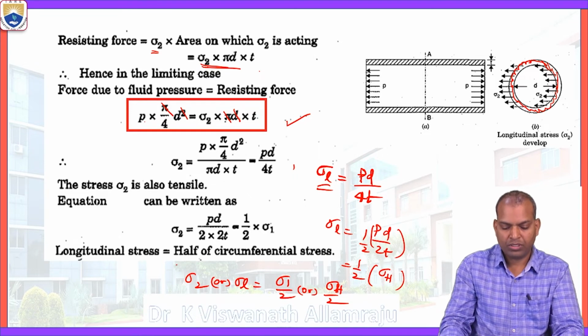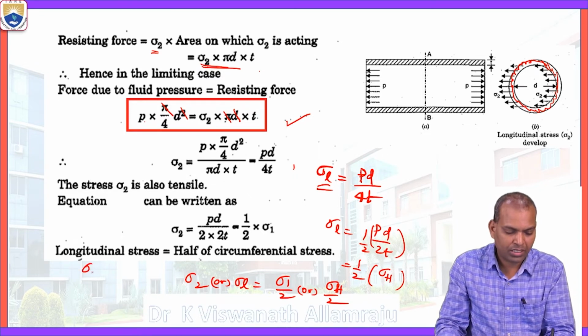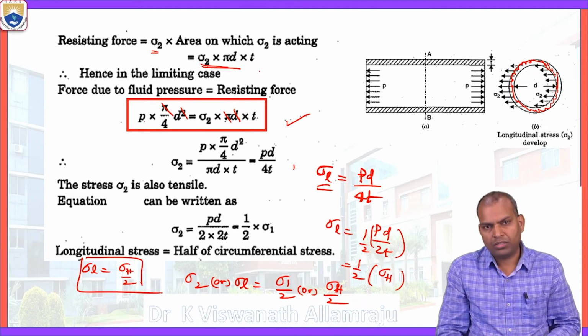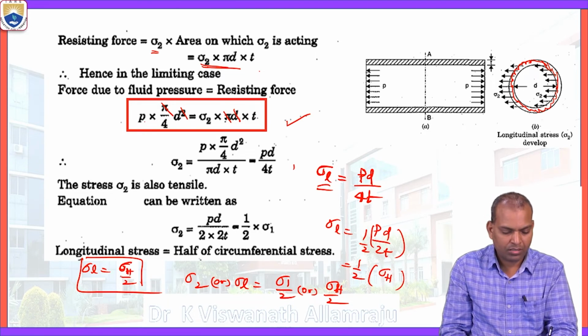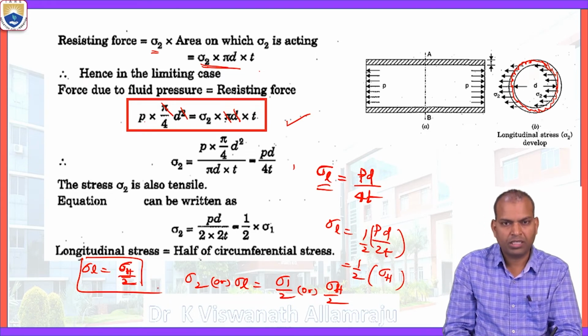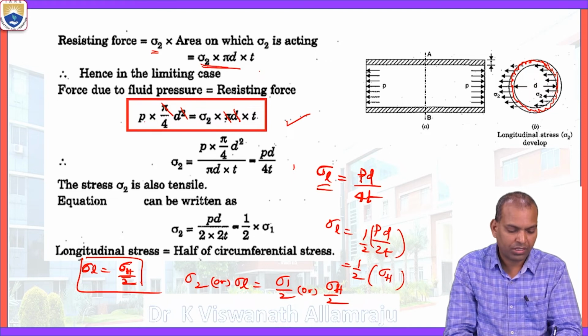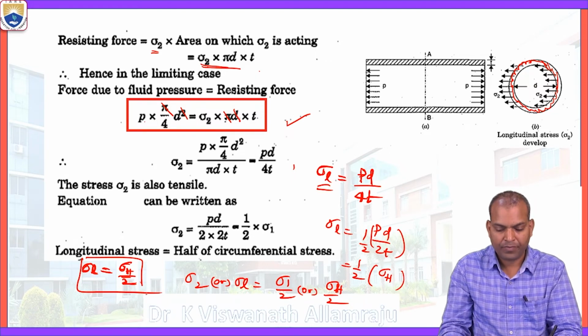So sigma L equals sigma h by 2. If we know the hoop stress value, then half of that value is nothing but the longitudinal stress value.